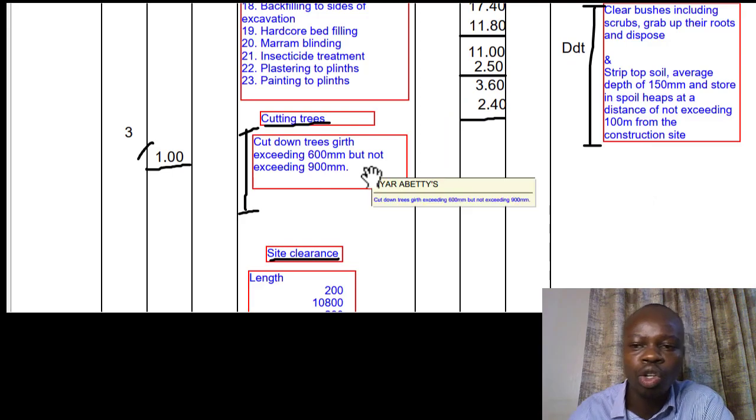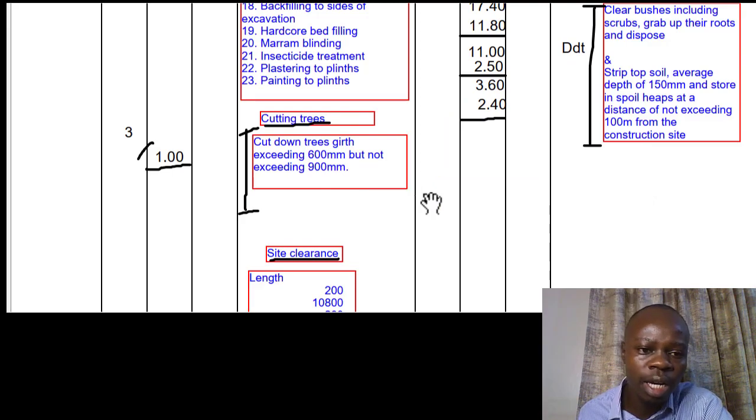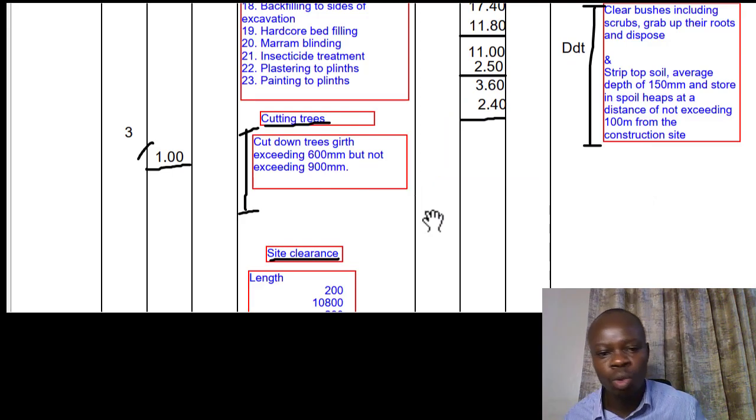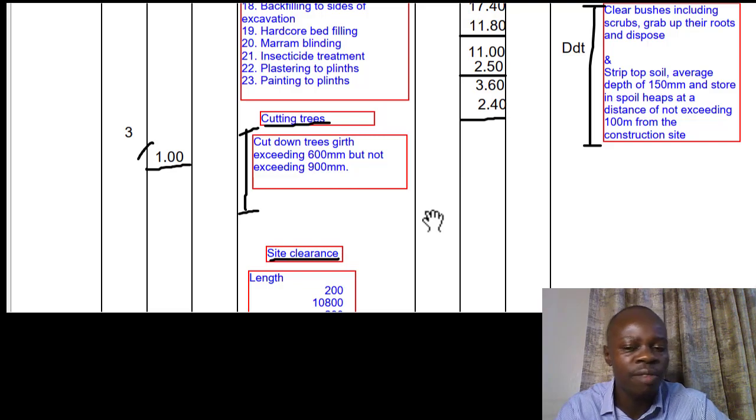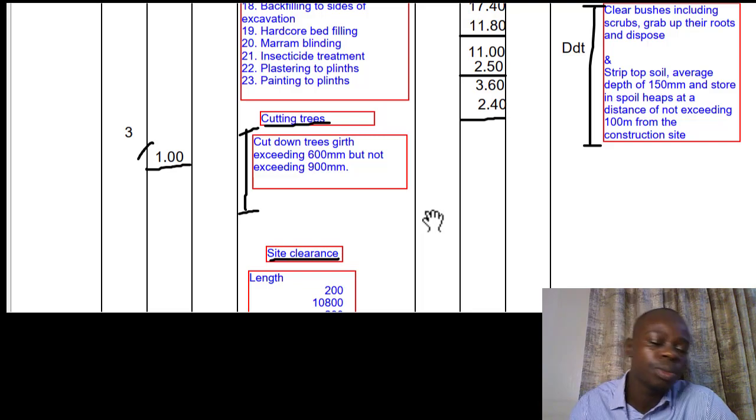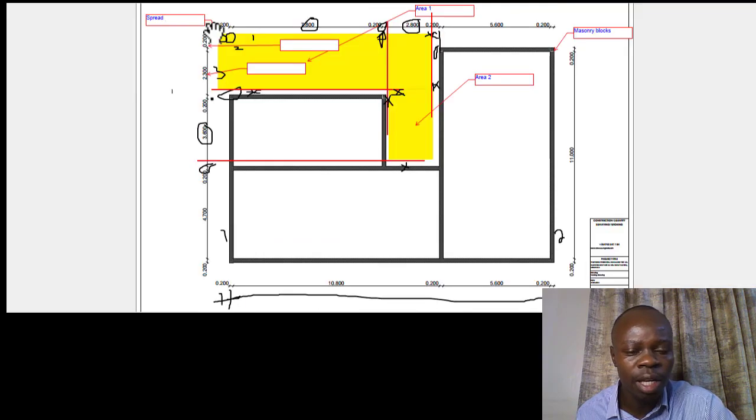When you need to know some of the parts and how it's done, it's important that you check our previous sessions, because all these items were done, and they were also given in terms of identifications of what is column 1, column 2, column 3, and column 4. All those columns, in terms of how to identify them, have been given properly in those previous sessions. So let's proceed from here.